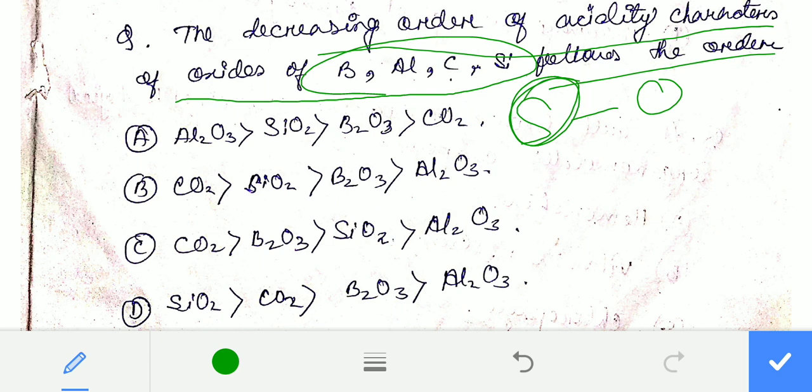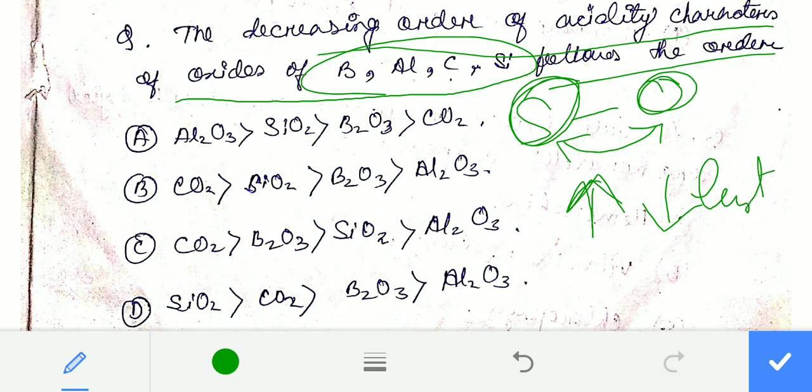If the electronegativity difference between oxygen and the species attached with oxygen is more, then it will be least acidic, and if the electronegativity difference is less, then the oxide will be more acidic.